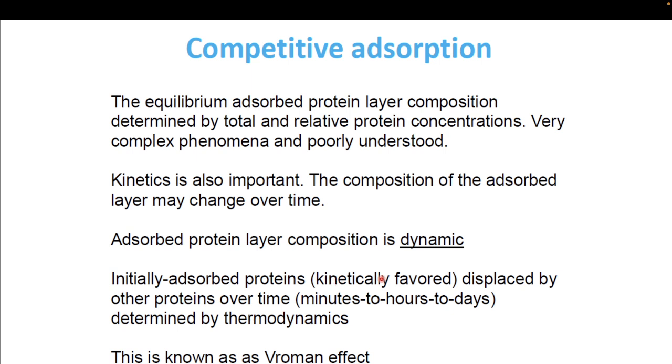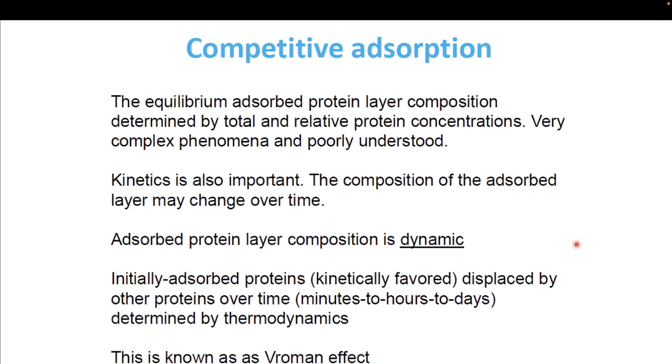Then what happens over time is that the interaction of these initially adsorbed proteins and the surface is not very strong. So later on, let's say there is another protein which is present in less concentration compared to the first one, but it has a very strong attraction towards the biomaterial surface.